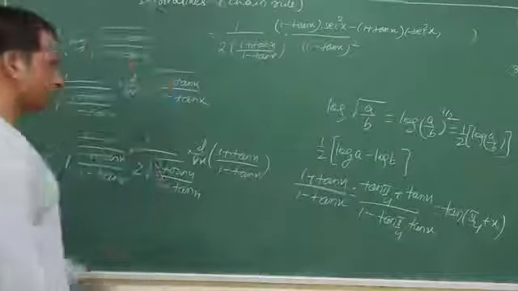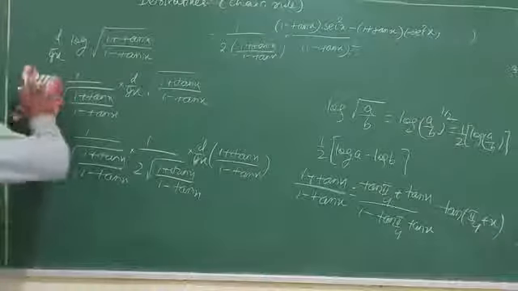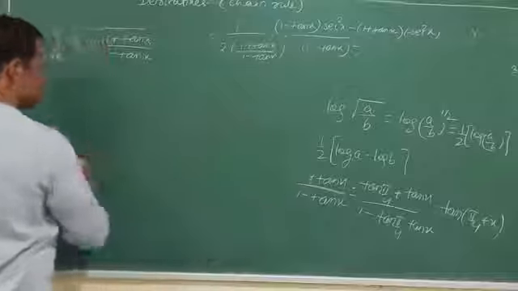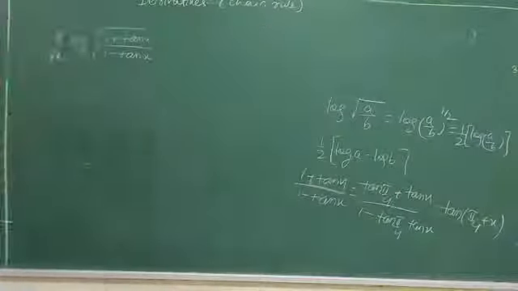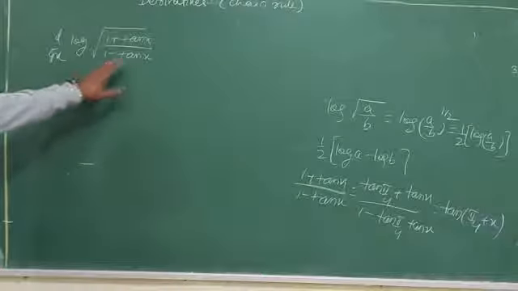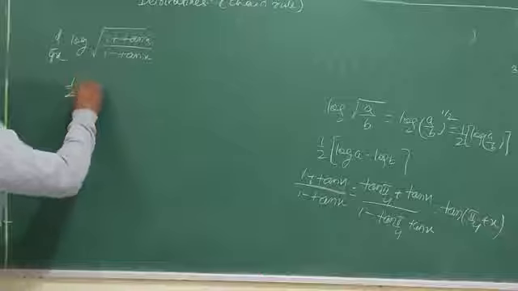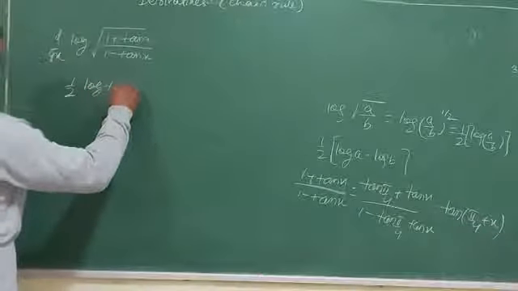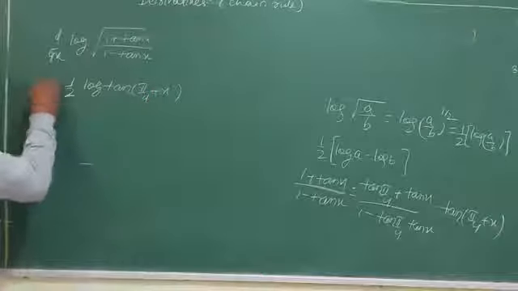The same question now, which way I am going to solve. Alright? So first I will write down this one as tan (pi by 4 plus x). 1 by 2 log tan (pi by 4 plus x). See my question, how small it has become now.